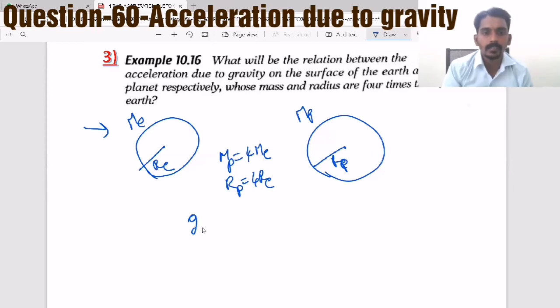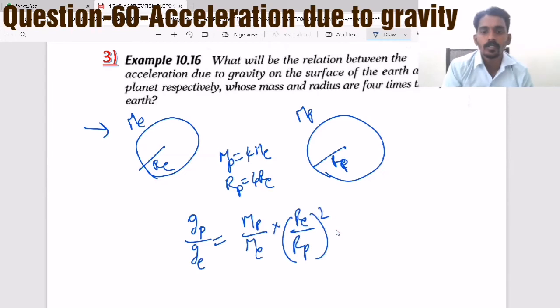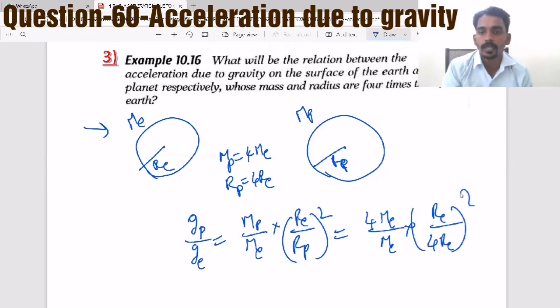Then g on planet by g on Earth equals M planet by M Earth into R Earth by R planet whole square. So M planet is 4 times the mass of Earth, times R Earth by R planet, which is also 4 times, whole square.